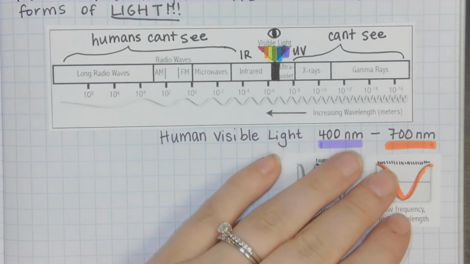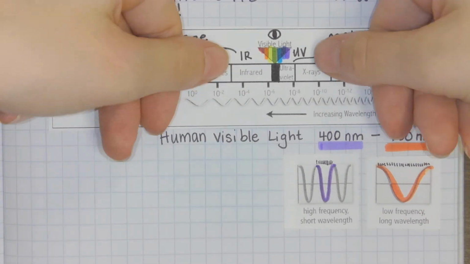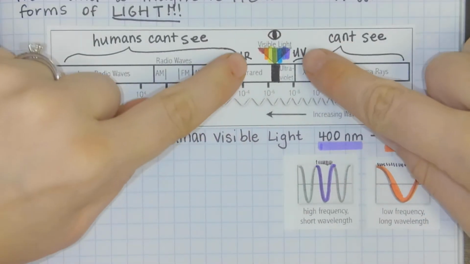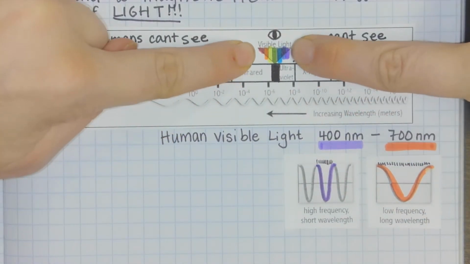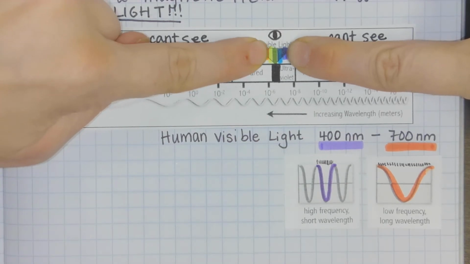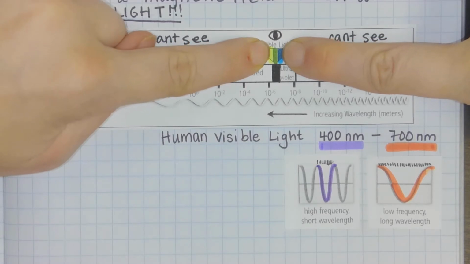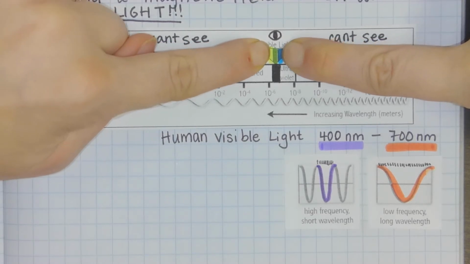Sadly, dogs can only see, if we can see this much of the rainbow, take out purple, take out red and orange, and also the darkest of blues. This yellow, green, and blue is all that your dog can see.